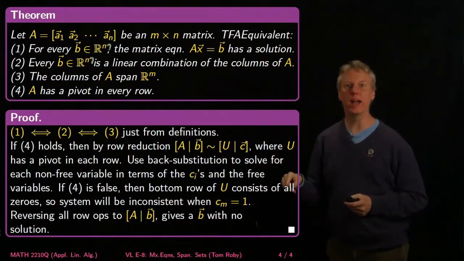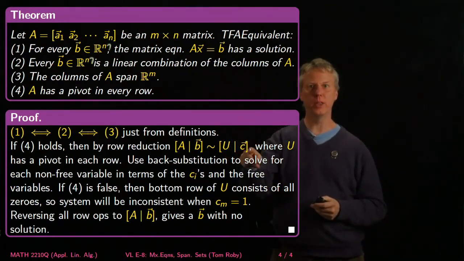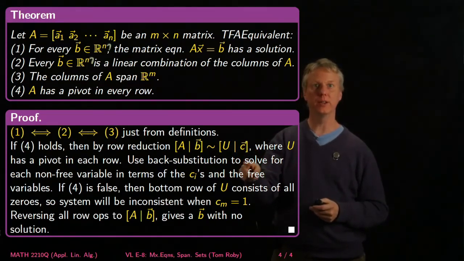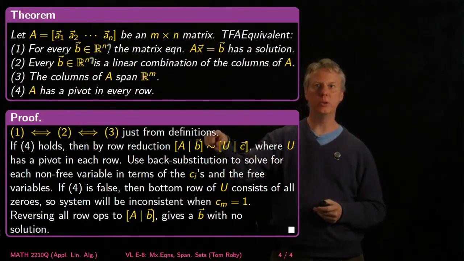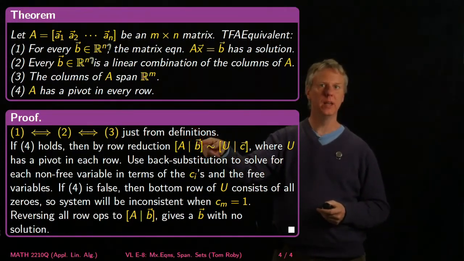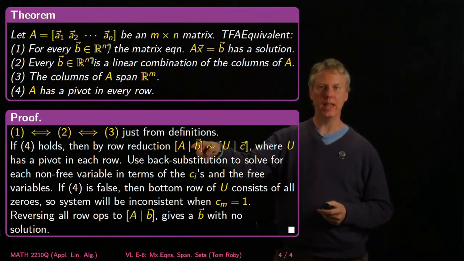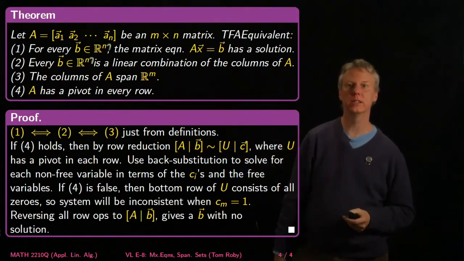So because we can go back and forth, once I take the row reduced echelon form and put something where the bottom row is all zeros, except I put, say, 1 as C sub m as the bottom entry of that vector, then I work backwards to convert U back to A. And when I do that, C will get converted back to some b, which is one of the possible b's, but this will be a b that has no solution, because this augmented matrix A, b has a solution if and only if U, c has a solution.